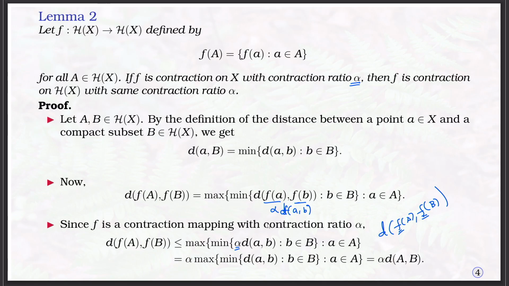Now, just replace it here. Alpha does not depend on any element here, so we can take it out. Therefore, we have the distance between a and b times alpha.